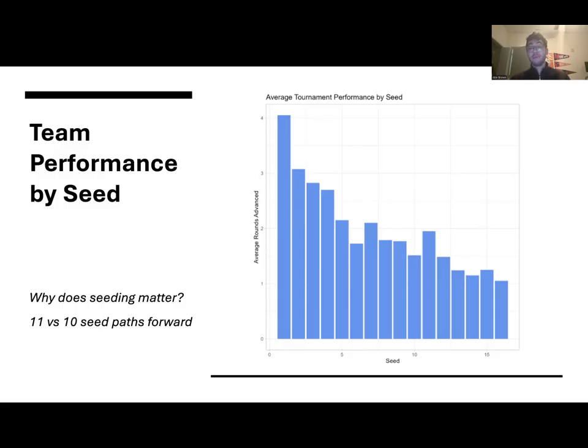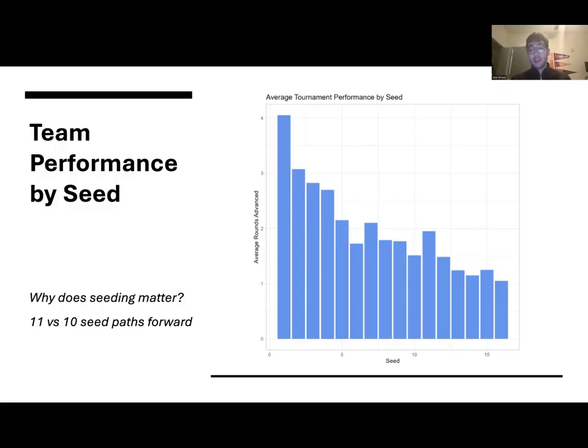When you look at the 11 seeds, if we think about the teams that they're going to have to face, an 11 seed will face a 6 seed, and then they'll have to face a 3 seed. Whereas if you look at a 10 seed, they will face a 7 seed, and then they'll have to face a 2 seed. So if we think back to before about the ones and the twos really being ahead of the pack, yes, you might get an easier matchup as the 10 seed in the first round going against a 7 instead of a 6.